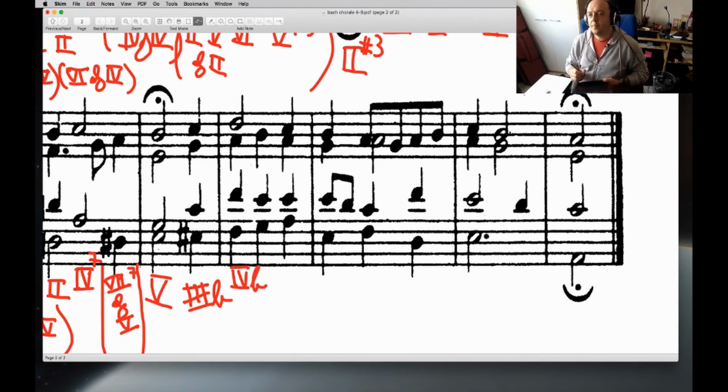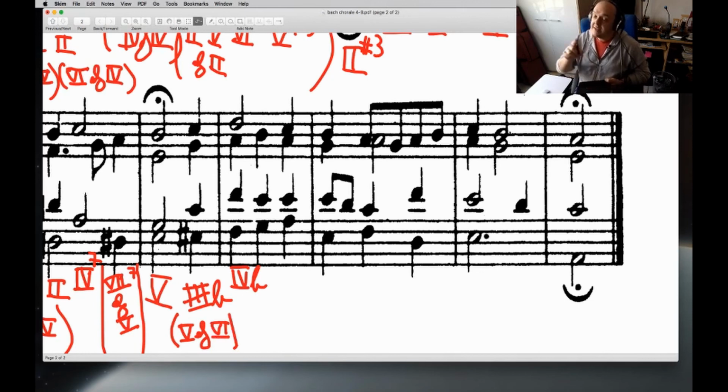That's 4 in first inversion. That's F sharp, F sharp. That D in the soprano, that's chord 4. That's a D major in first inversion. So it would like to function as 5 of 6. But instead it's a deceptive cadence.